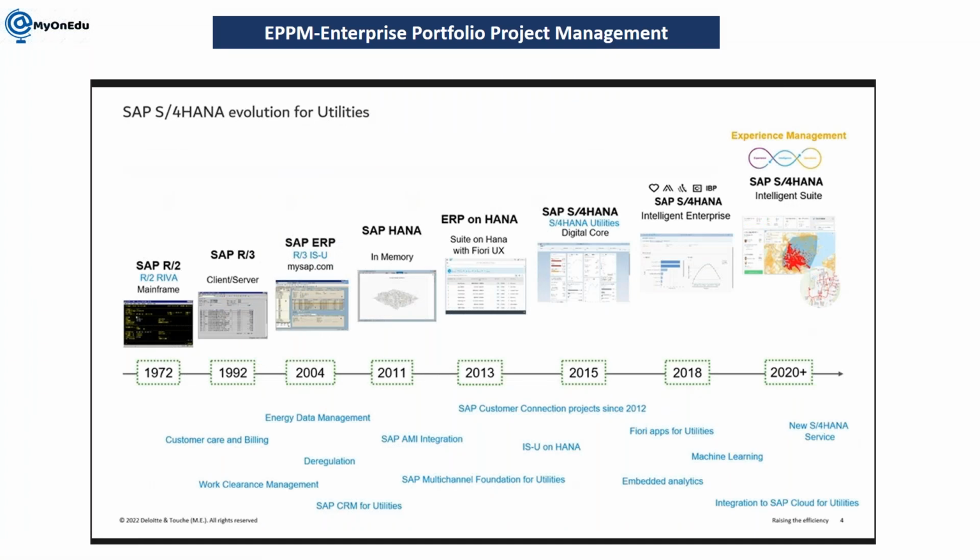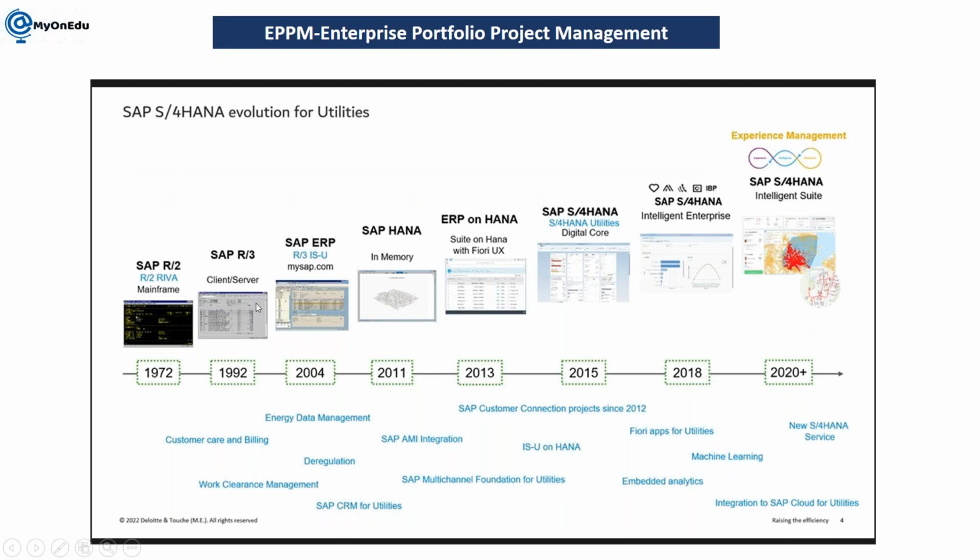This is the journey of SAP S4HANA evolution for utilities, or any kind of organization, you can say how SAP evolved. It started in 1972, and then slowly it went to 1992.